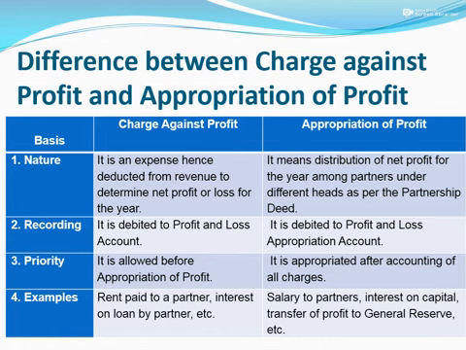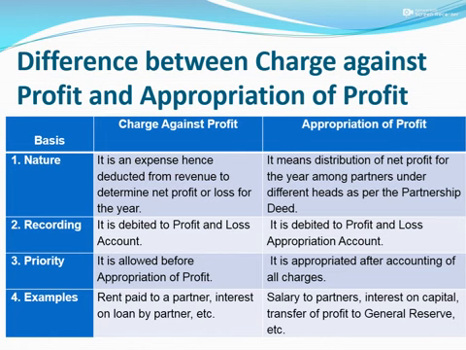Next, recording. Charge against the profit: these expenses are recorded on the debit side of the profit and loss account. But appropriation of profit: these expenses are recorded on the debit side of the P&L appropriation account.